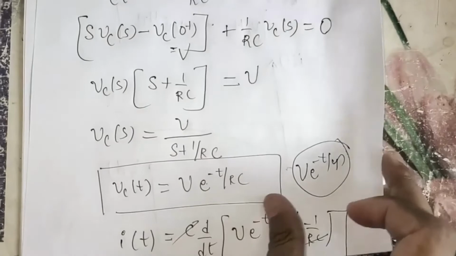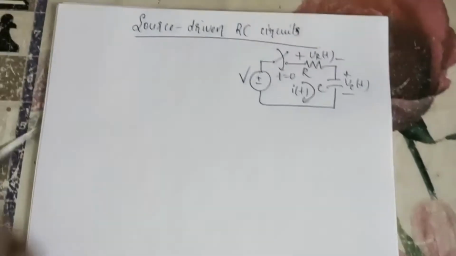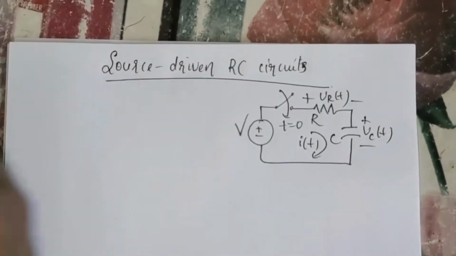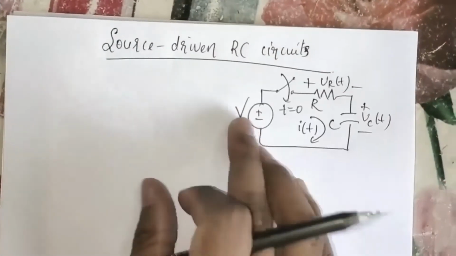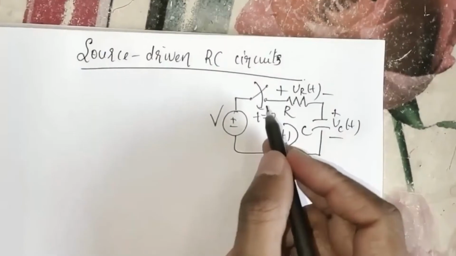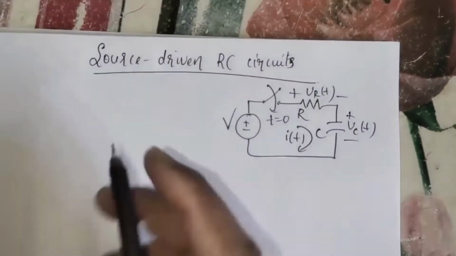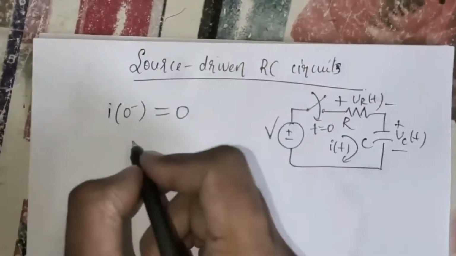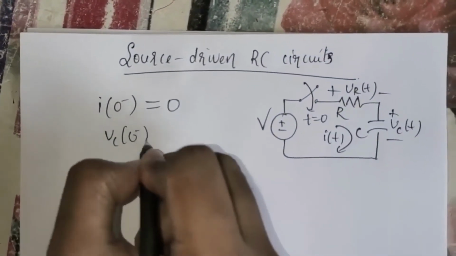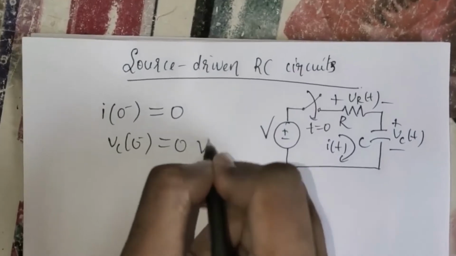Now let us derive the expression for the source-driven RC circuit using first the differential equation method. Initially the switch is open, so I of 0 minus is equal to 0 and Vc of 0 minus is equal to 0.